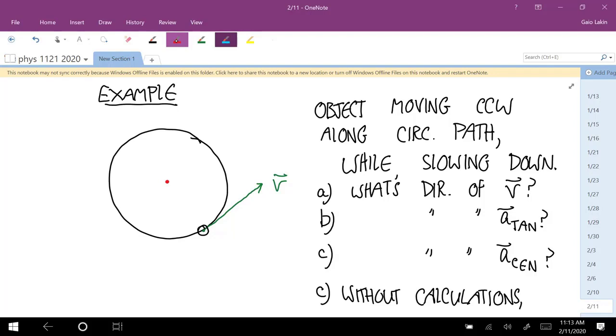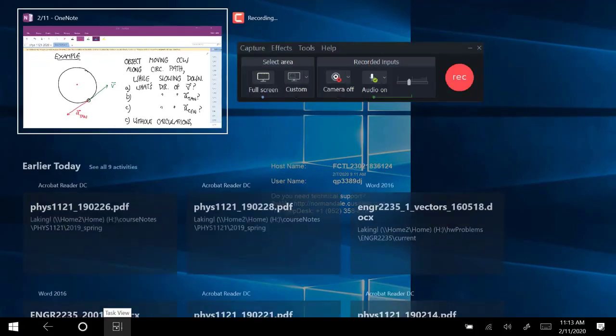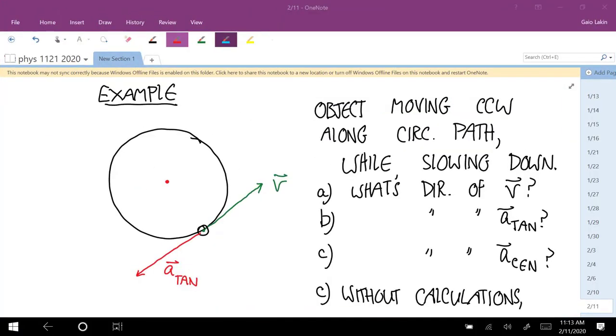It's slowing down. So is the tangential acceleration the same direction as velocity or opposite? Opposite. So there's the tangential acceleration. The centripetal acceleration is, there's always a simple answer for that. In circular motion, it just points right toward the center.